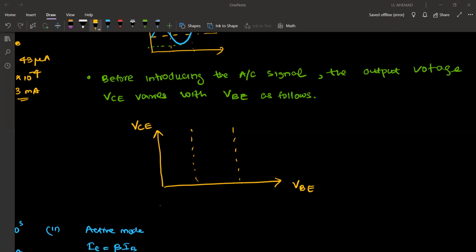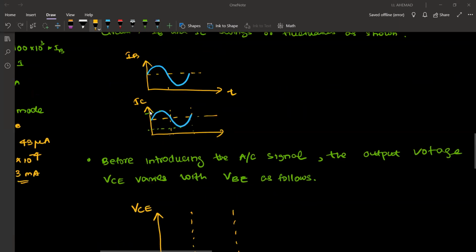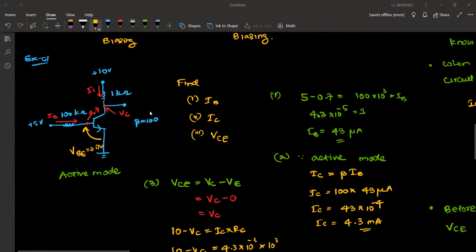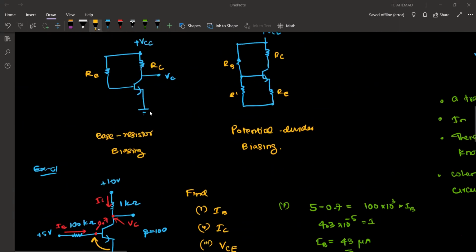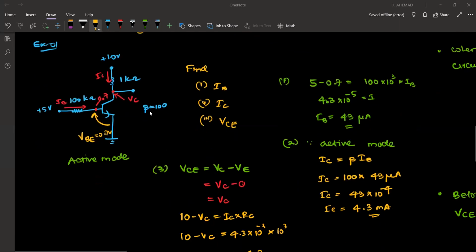So here, let's look at this example. In this example, what can you tell about this voltage?